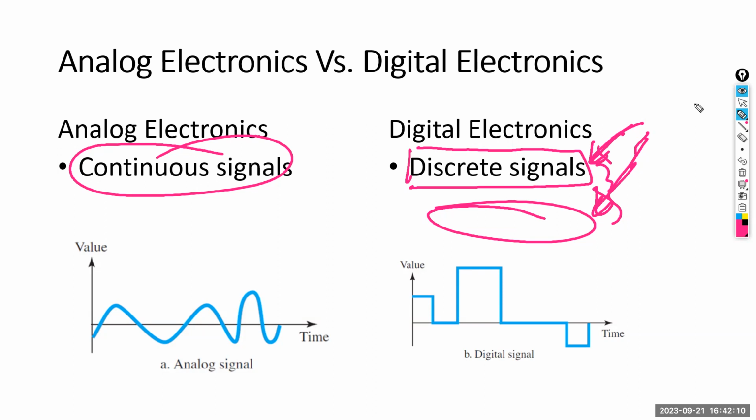I just want to check whether anyone has an interest in electronics or some exposure to it. No one? Why can't we use 100% discrete signals in digital electronics? Why are we still relying on some sort of analog signals also?